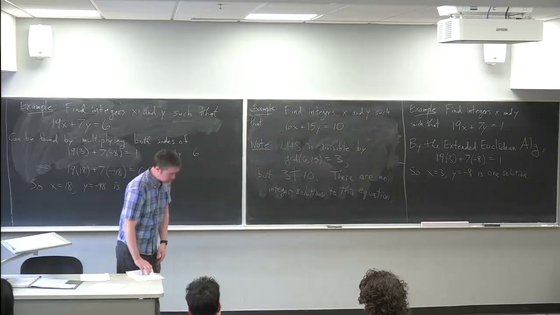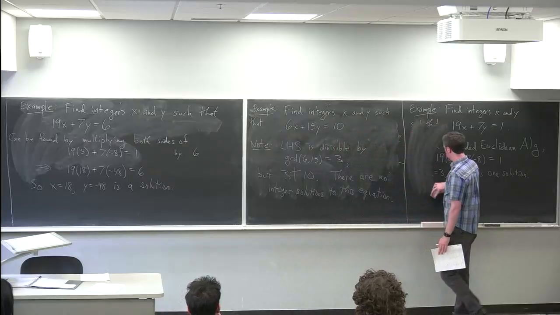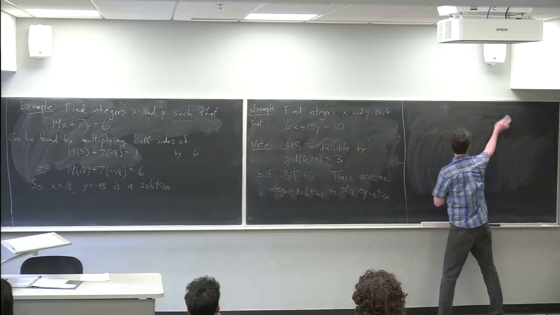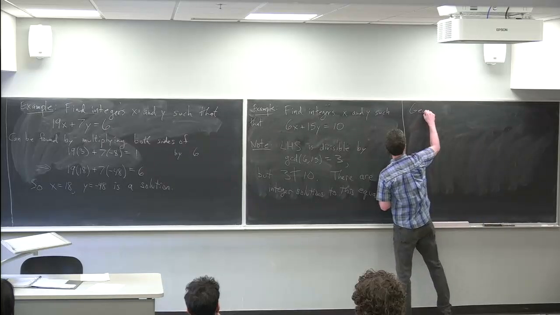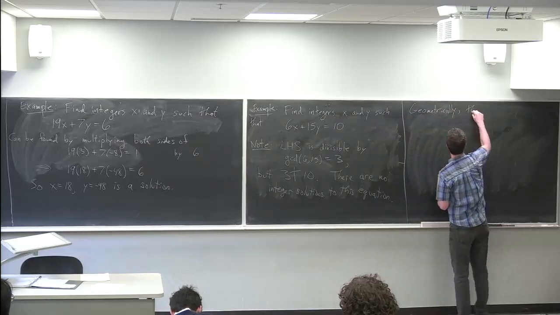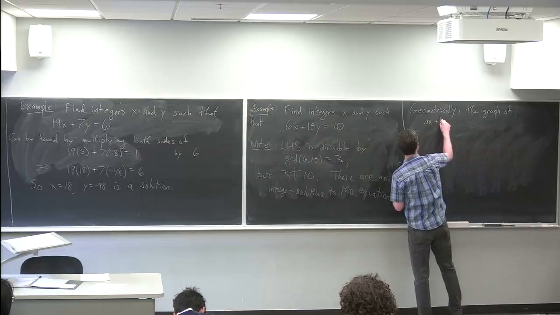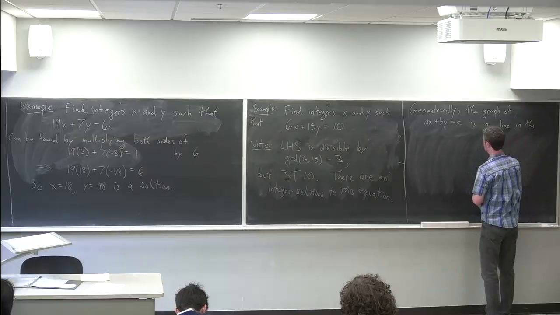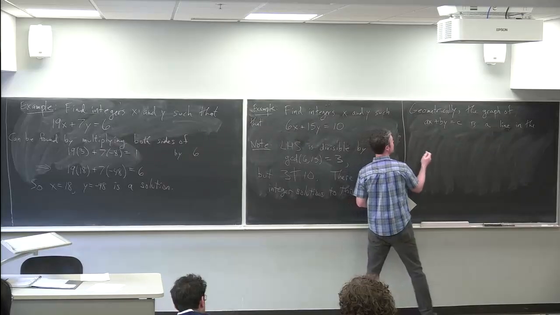So anyway, it's worth taking a second just to process what would be happening geometrically, if you like to think about the plane and lines and so on. When you have something like the graph of ax plus by equals c, this is a line in the plane. Thinking of x and y as real variables, all the real x, y's make a line.